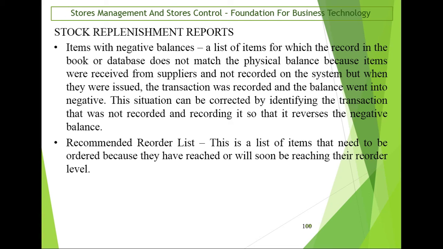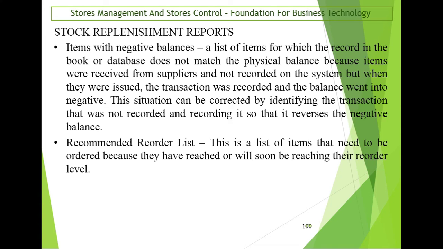But when they were issued, the transaction was recorded and the balance went into negative. This situation can be corrected by identifying the transaction that was not recorded and recording it so that it reverses the negative balance.